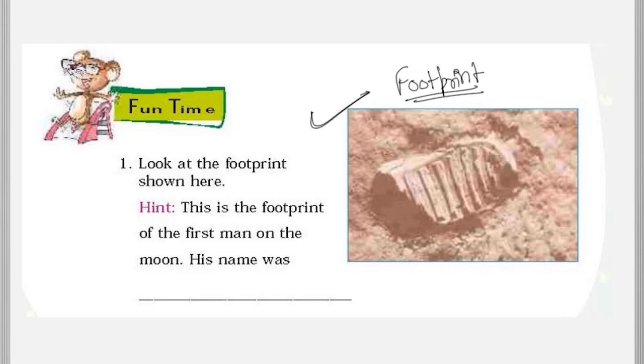He was Neil Armstrong. So I'll write his name here, Neil Armstrong. So this was a fun activity and these are the footprints of Neil Armstrong because he was the first man on the moon, and this was just a general knowledge question. We must all know who was the first person to go on the moon.